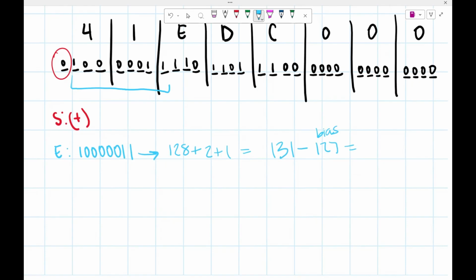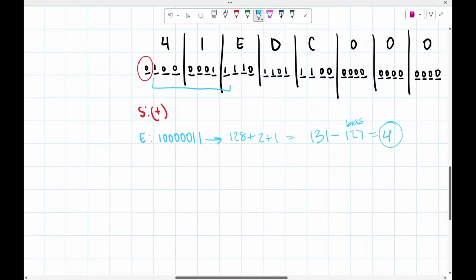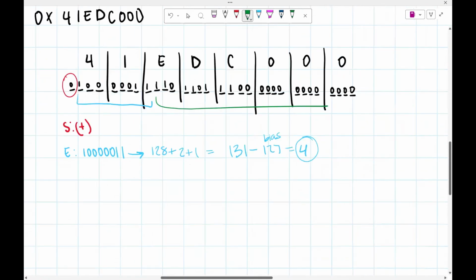So 131 minus 127, that's going to give us 4. So we know that's how many times we have to move that decimal point over, right? The remainder is our mantissa.